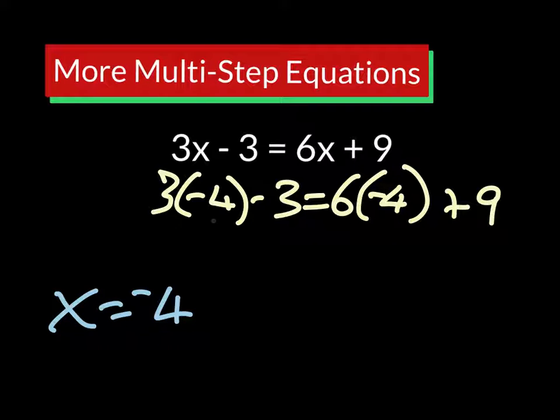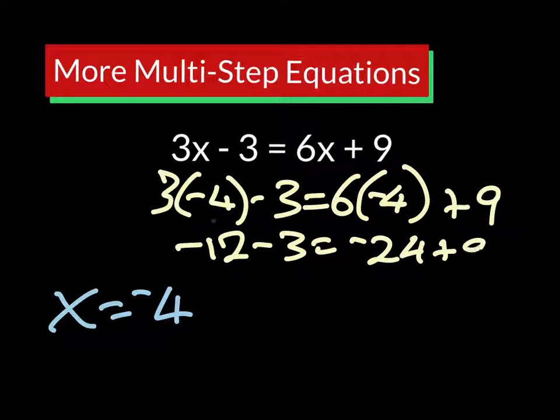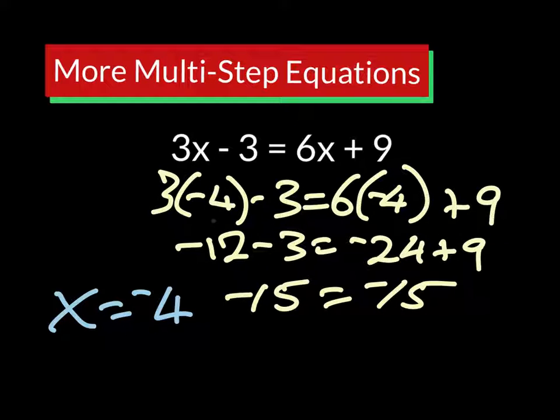So 3 times negative 4 is negative 12 minus 3 is equal to 6 times negative 4 is negative 24 plus 9. Negative 12 minus 3 is minus 15, and negative 24 plus 9 is minus 15. So the two sides are balanced and equal. Negative 4 is the solution for x.